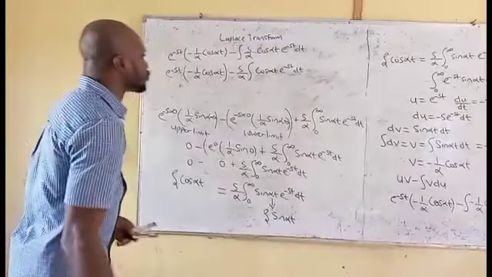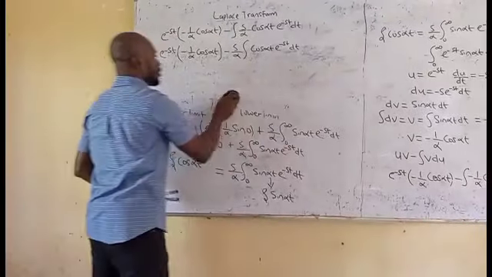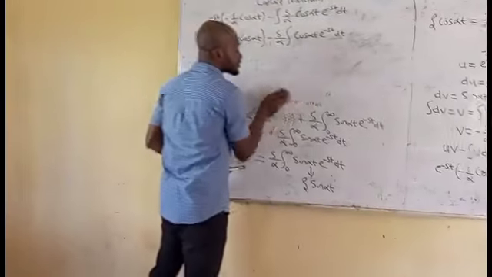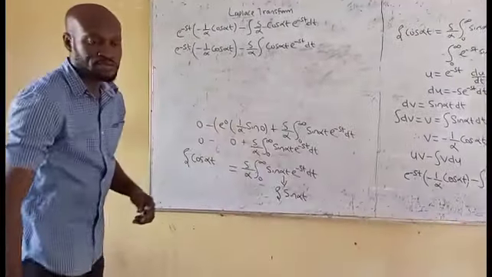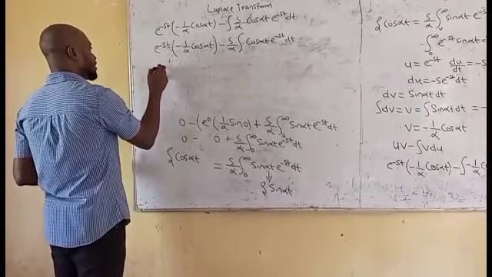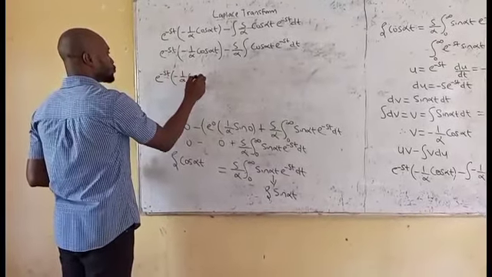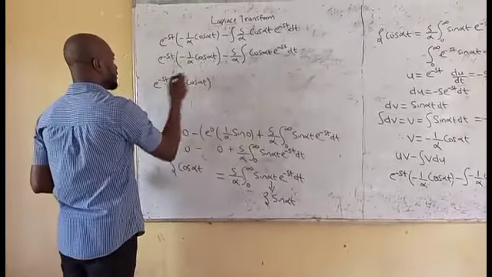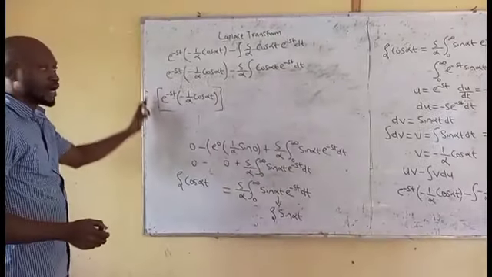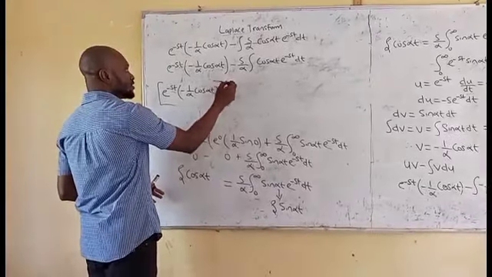So now, once you write it this way, the next thing I will do is to include my limits. That is from 0 to infinity. So I have here exponential minus st into minus 1 over alpha cos alpha t. For me to include my limit, I will present it this way. So my limit now starts from 0 to infinity.